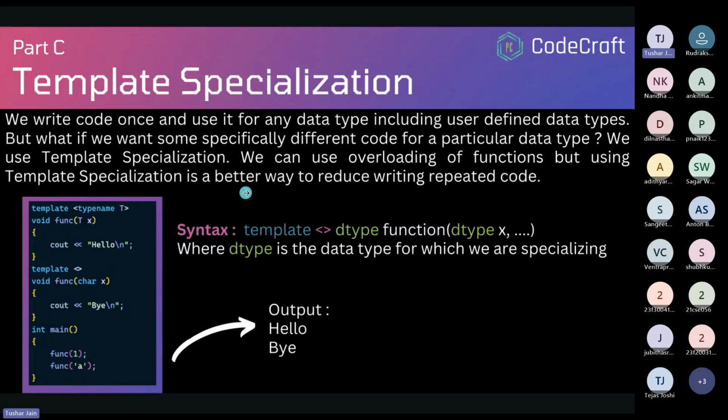The next thing is template specialization. So what template specialization helps us with is, let's say we are writing a template for a particular code, and we need that code for every data type except some selected 1 or 2 data types, because we might have some better approach to solve that particular thing which we were expecting from the function, or we might need to compute something entirely differently for those particular data types, or our code might give some error if we use it for that particular data type.